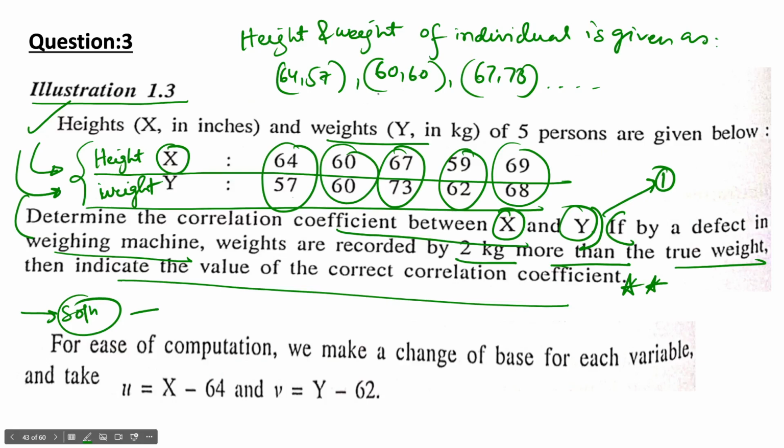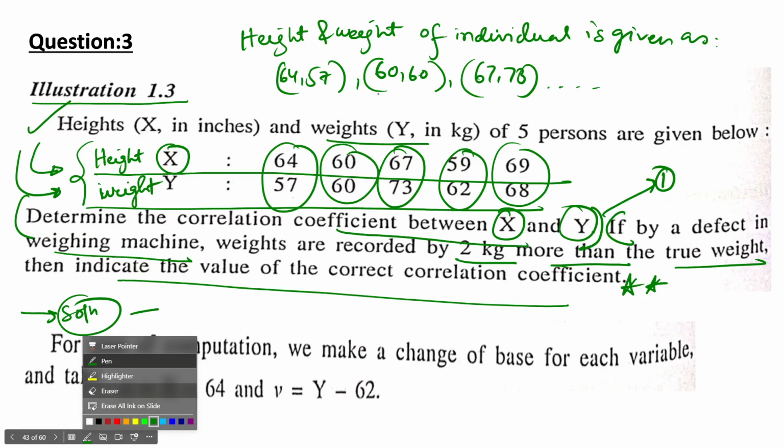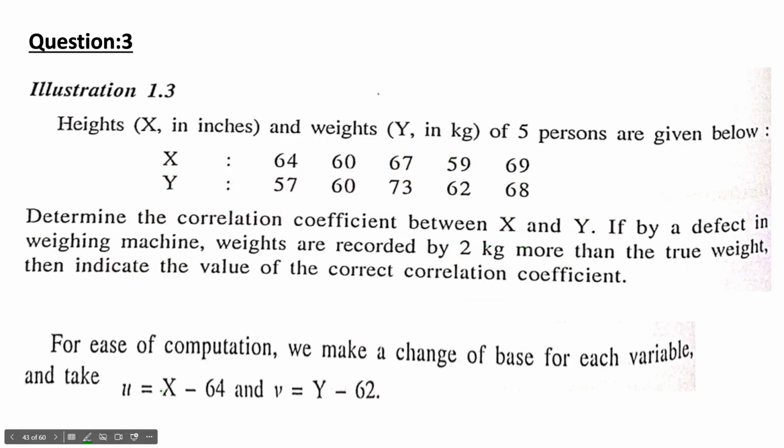Now how can you decide this? How can you decide that 64 and 62 will be the numbers subtracted from every value, means the actual origin? How to decide that is the main question.